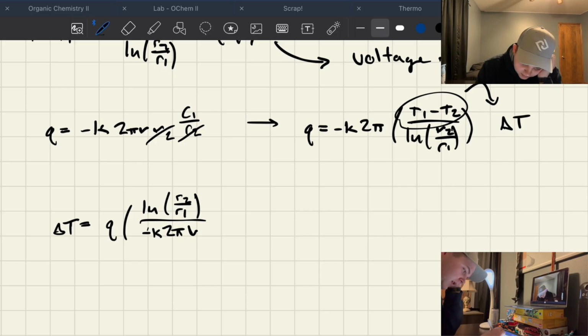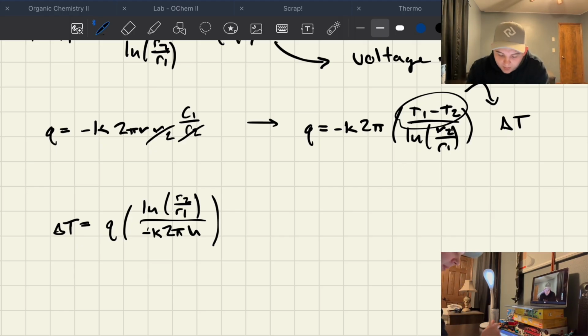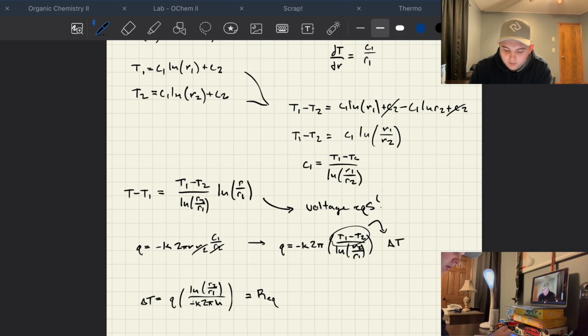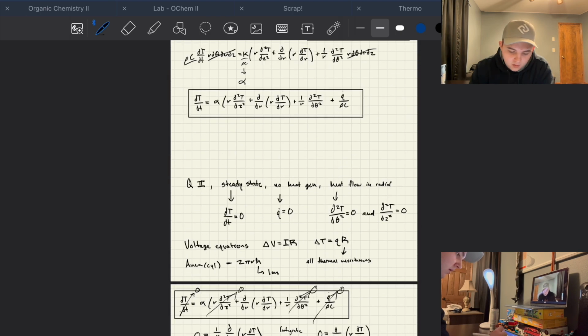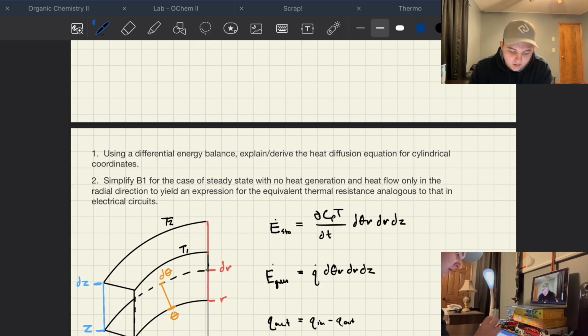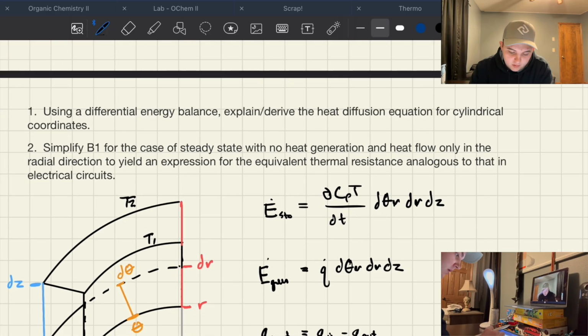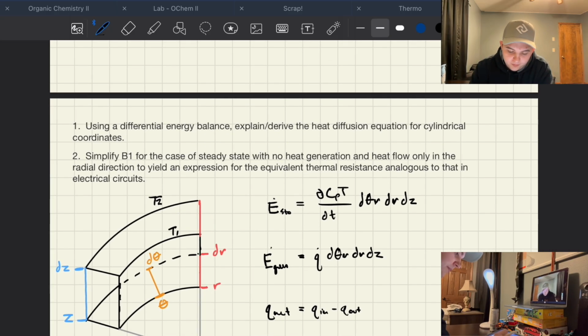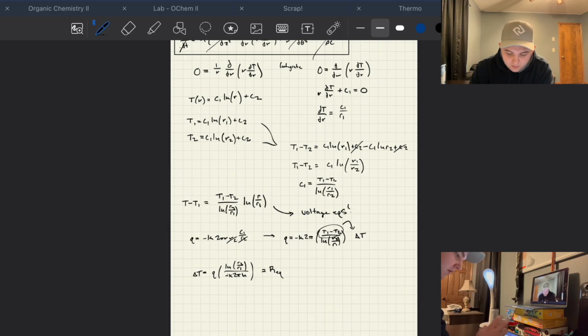And then we'll re-add this H in, even though we pretended it doesn't exist, but we're adding it when it needs to be added. And that will be equal to our equivalent resistance. So that does answer our part 2 for simplifying in the specific case in electrical circuits to yield an expression. So hopefully that answers the question well enough.